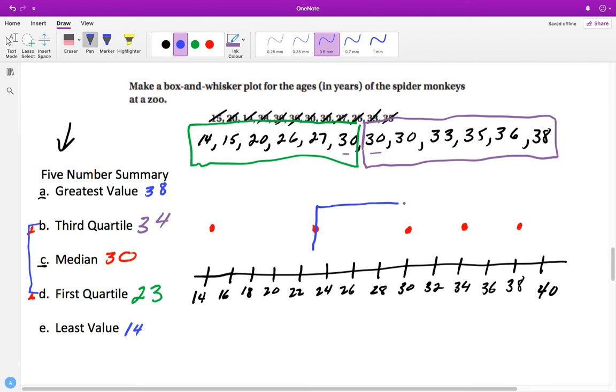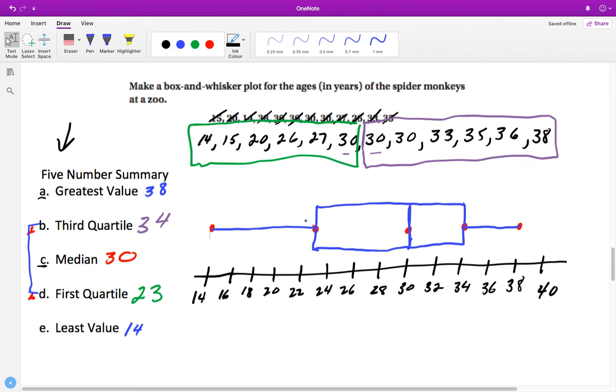So I will draw a box that connects my first and third quartile. I will then draw a line going down my box wherever that median is, and then we connect our largest and our least value. So it gives us this box and whisker.